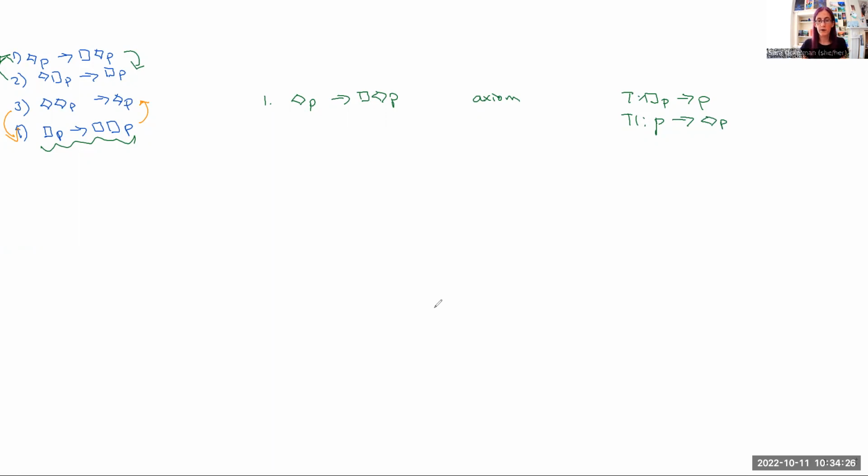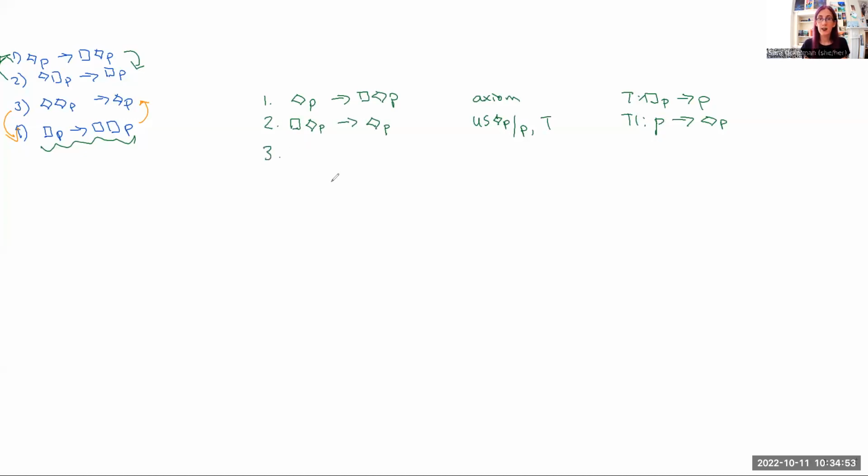So we're going to take a couple of substitution instances of that. First, a substitution of the axiom where we replace the P with possibly P. So necessarily possibly P implies possibly P. This is uniform substitution, where we've substituted possibly P in for P into the T axiom.